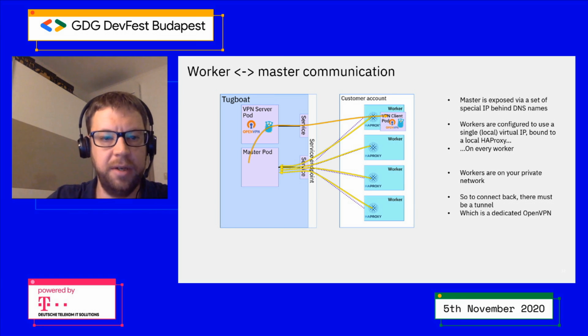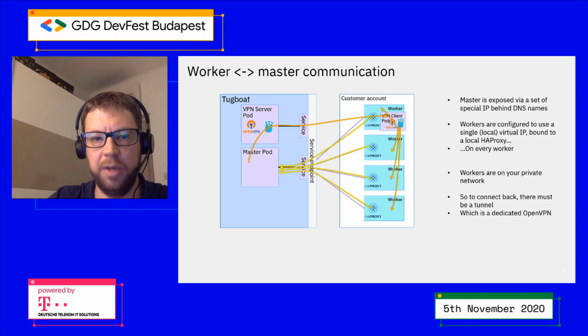This means that if the API server is configured properly, it is able to use that secure connection to connect back towards your worker nodes. Now we use a single VPN client to reach out to all the worker nodes, which may have some obvious drawbacks. It might be swapped in the future to something more reliable, but so far so good. Okay, so this was about how we connect workers and masters.